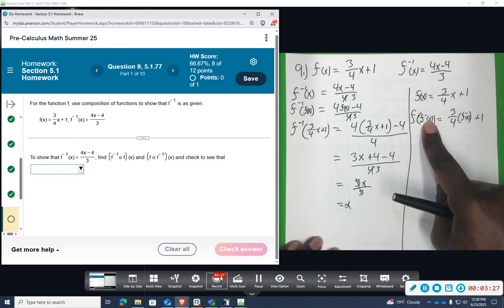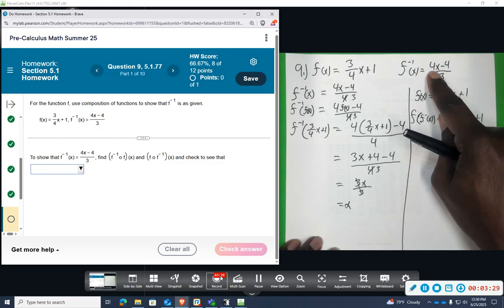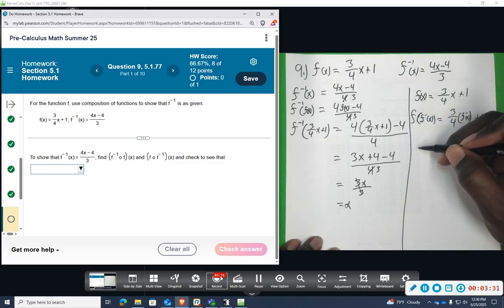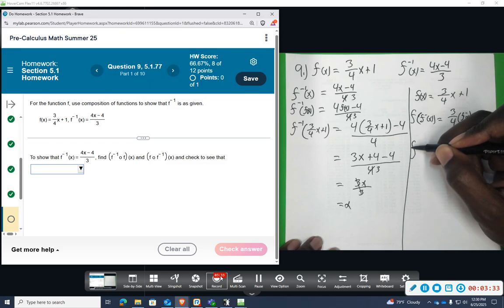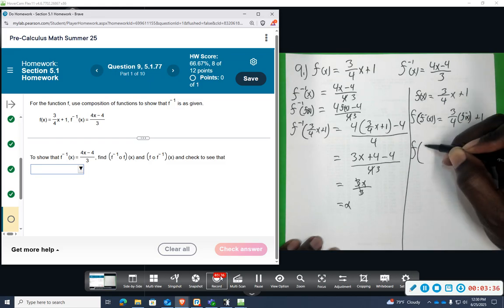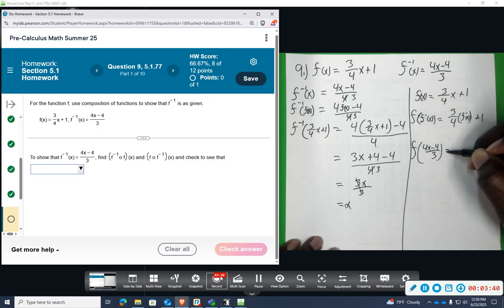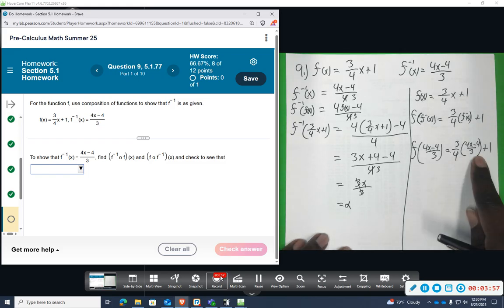And then f inverse is equal to 4x minus 4 over 3, so I'm going to substitute that in. So we have f of 4x minus 4 over 3, which equals 3 over 4 times 4x minus 4 over 3 plus 1. And then we can just start simplifying.